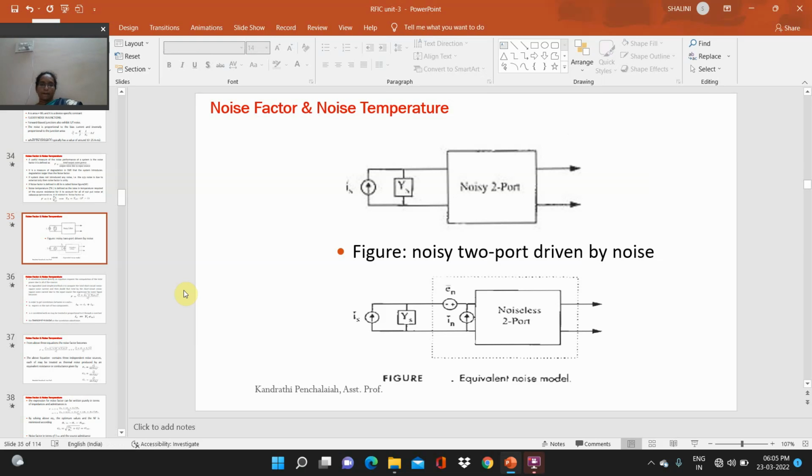Noise factor and noise temperature. Noisy two-port driven by noise equivalent noise model. So these are the two-port driven by noise.